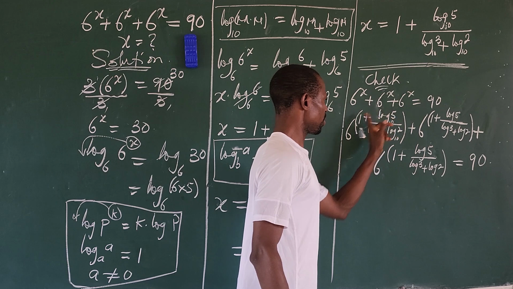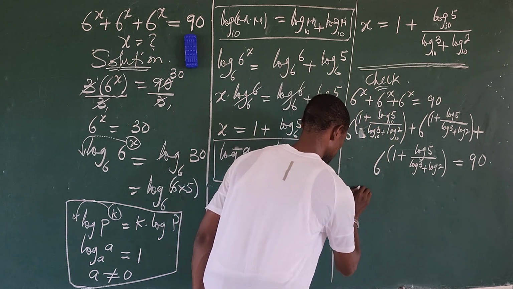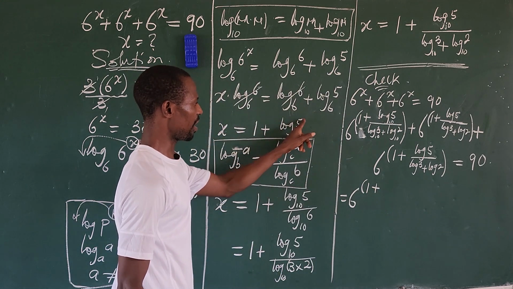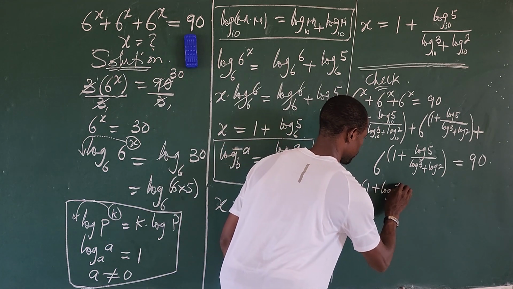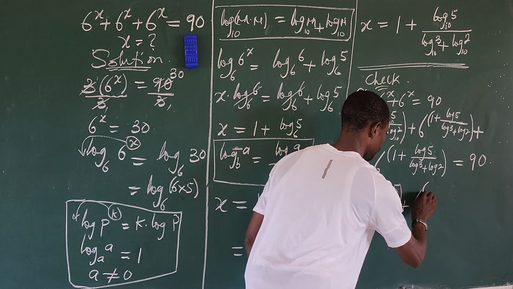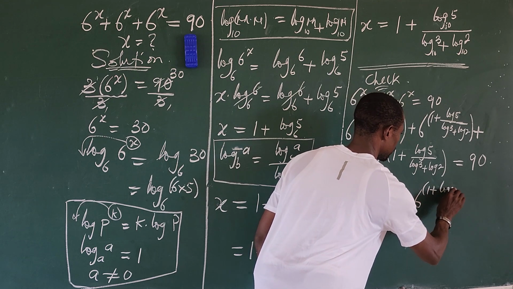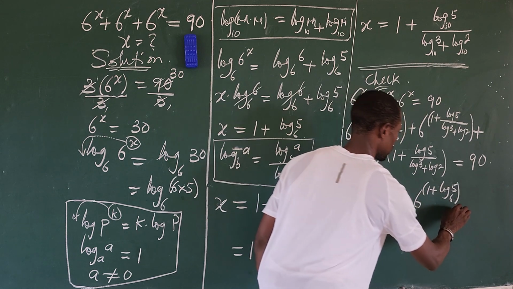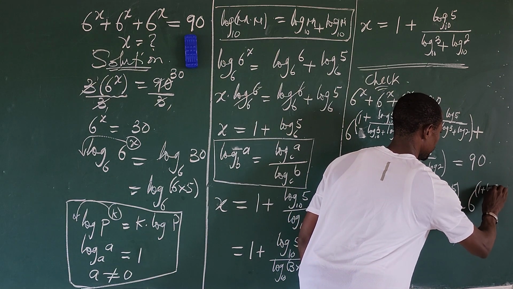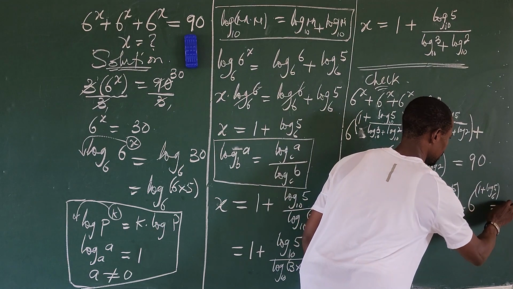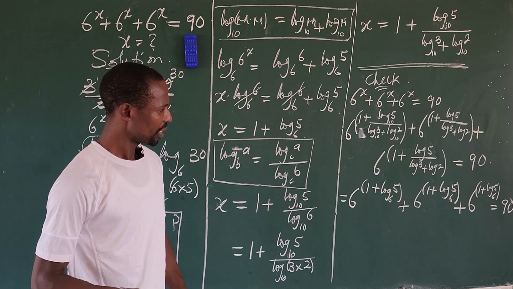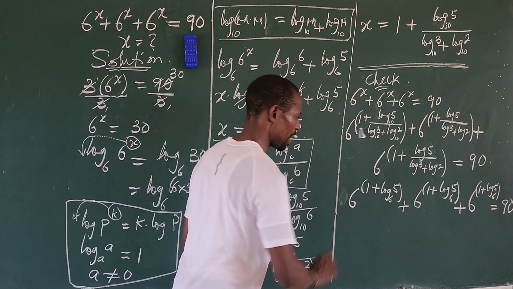So if we work on this, this will now give us 6 to the power of bracket 1 plus log 5 base 6 close bracket, plus 6 to the power of bracket 1 plus log 5 base 6 close bracket, plus another 6 to the power of bracket 1 plus log 5 base 6 close bracket, everything equal to 90.